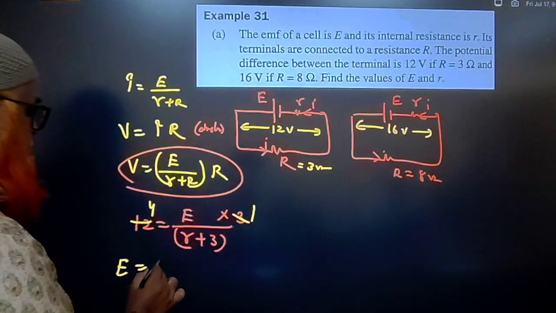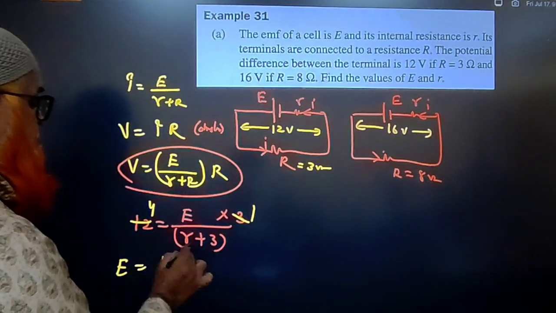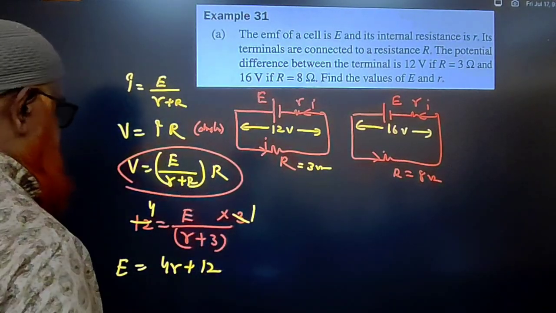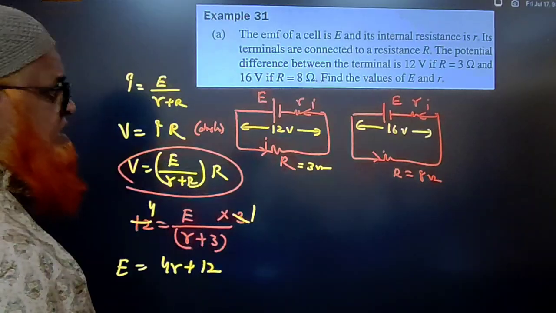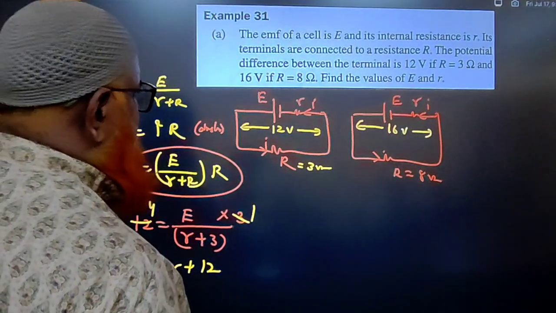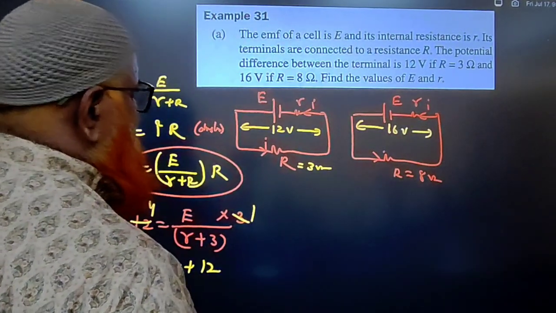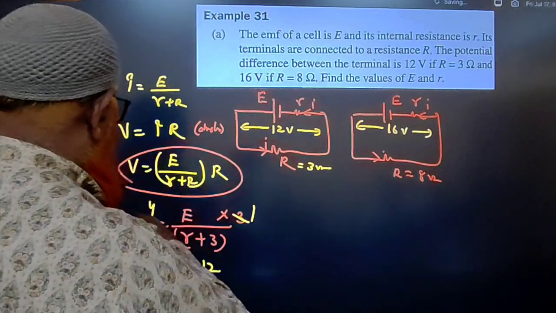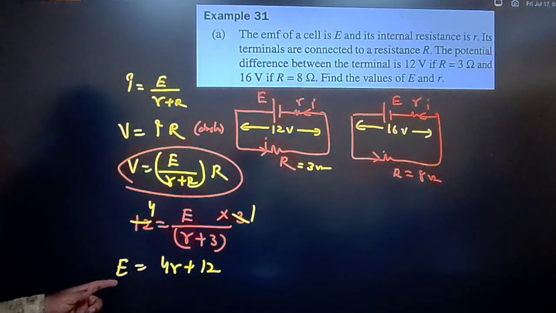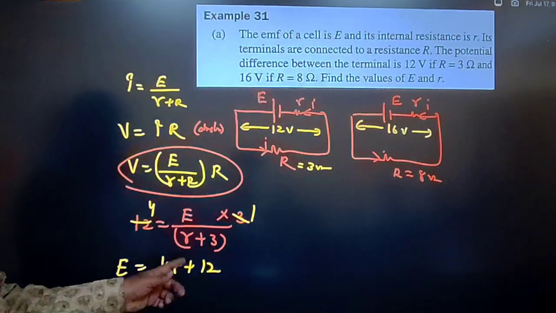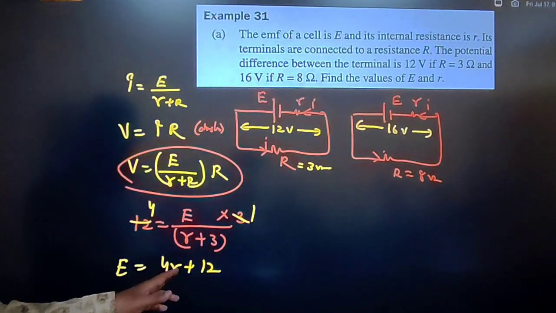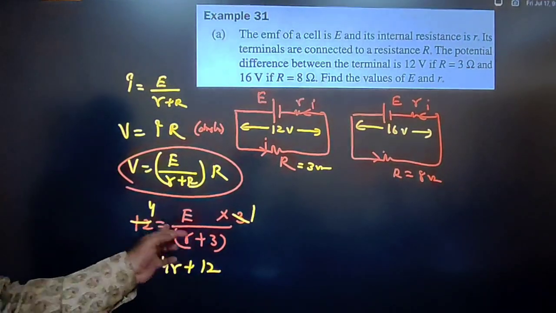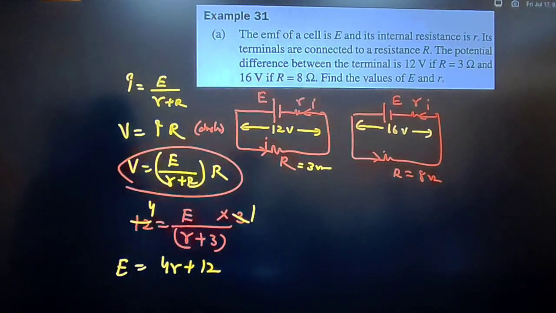So E is equal to 4r plus 12. Here the potential difference across the terminal is given in the first case. So we are getting E is equal to 4r plus 12. Hope you understood this. Let us take this as case 1.